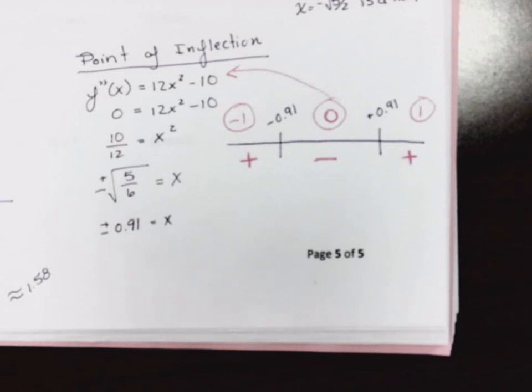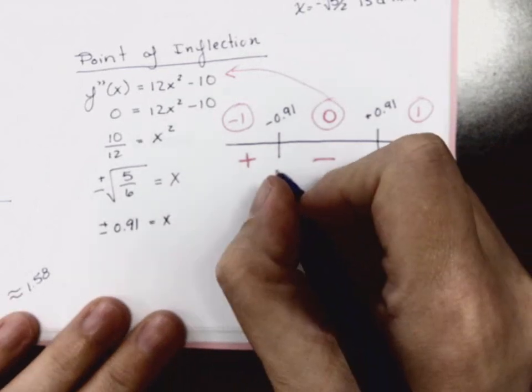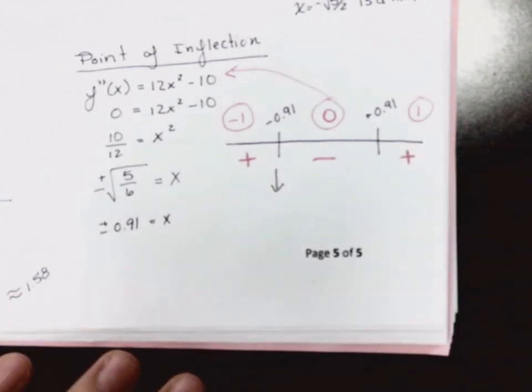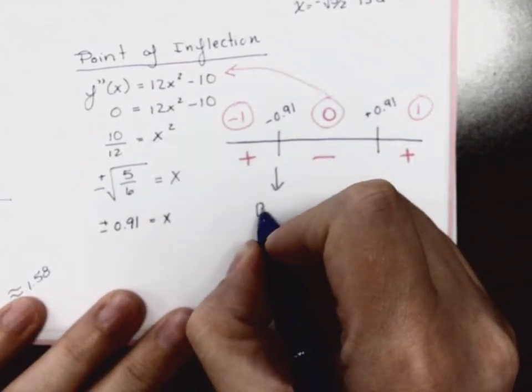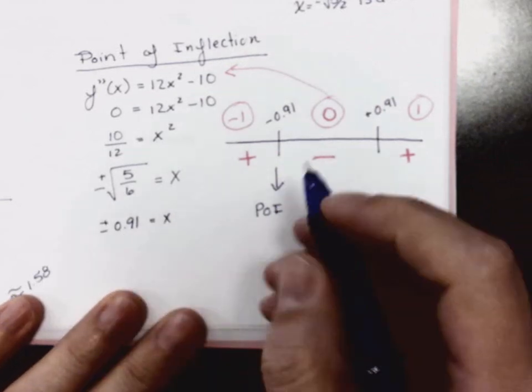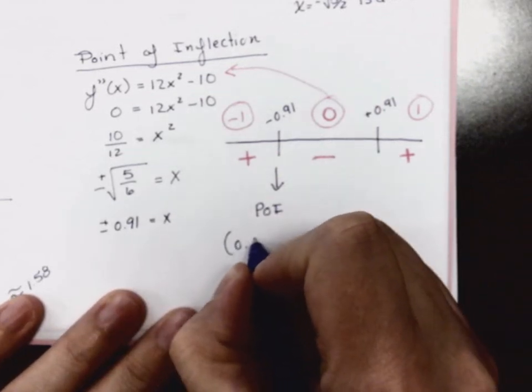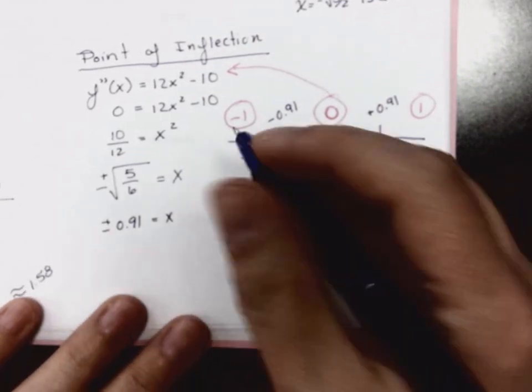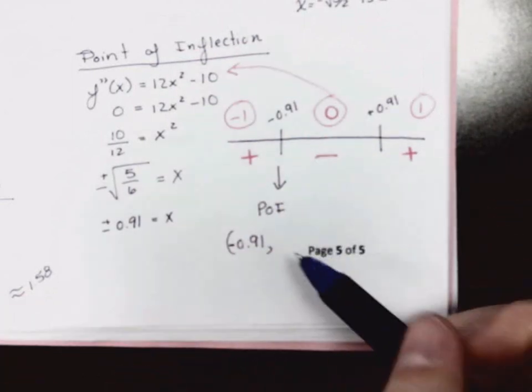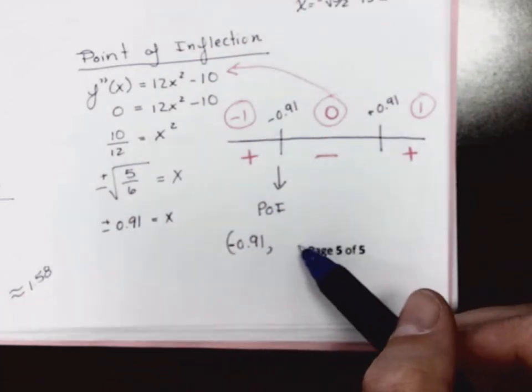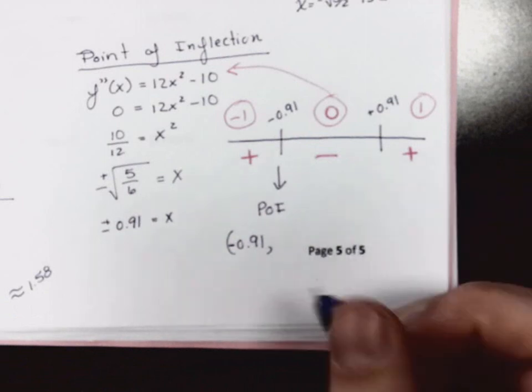Now, concavity is about where our graph is curving up and where it's curving down. So when we graph it, it's going to look a little bit different. If we were to find the points of inflection, I have the x value, which is negative 0.91 at this point. How do I find the y value? You guys trust me?